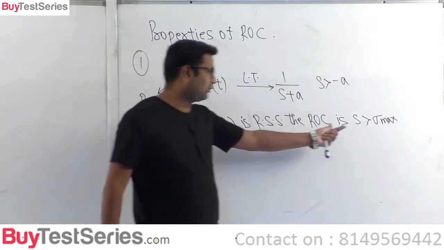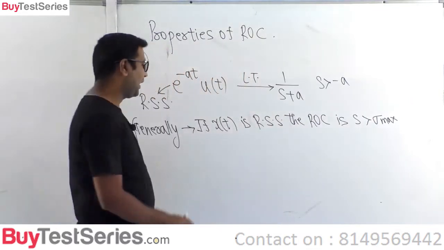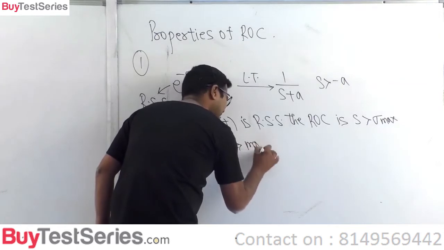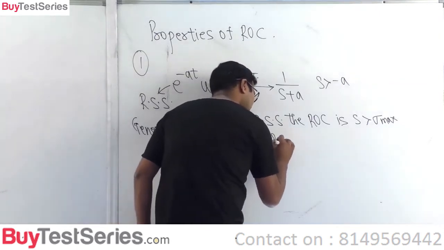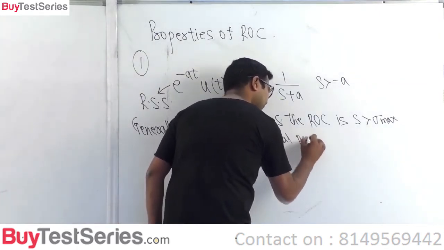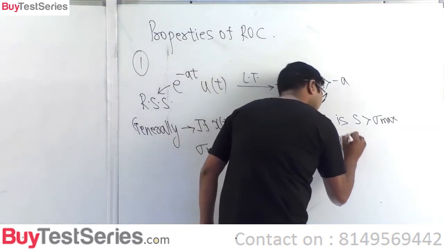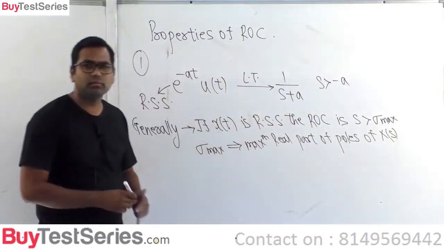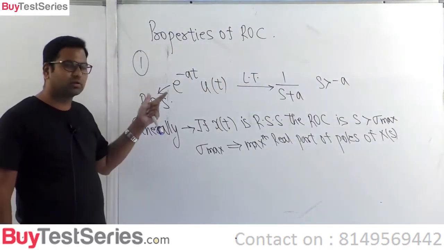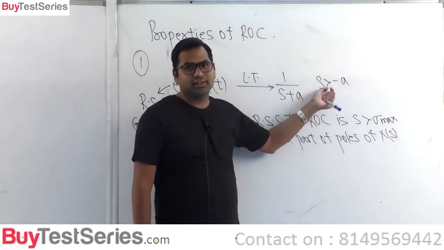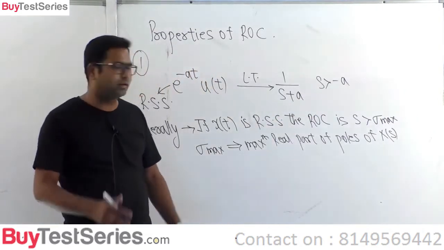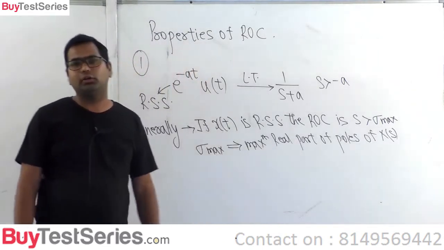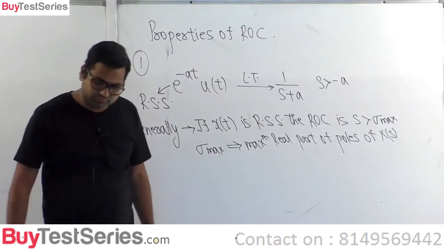So ROC will always have the greater than sign, and here sigma max is the maximum real part of poles of capital X of s. Therefore, whenever the signal is right-sided, ROC will be s greater than sigma max, where sigma max is the maximum real part of any of the poles of X of s.